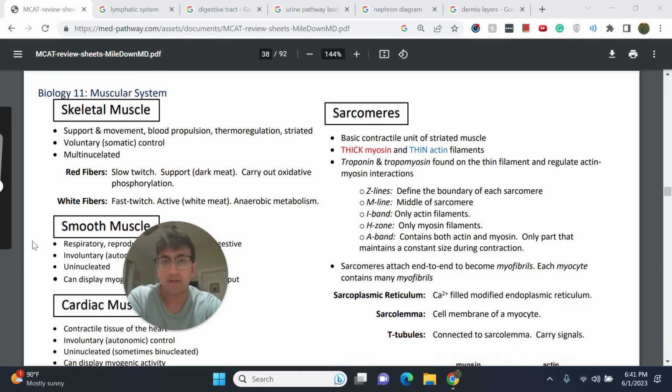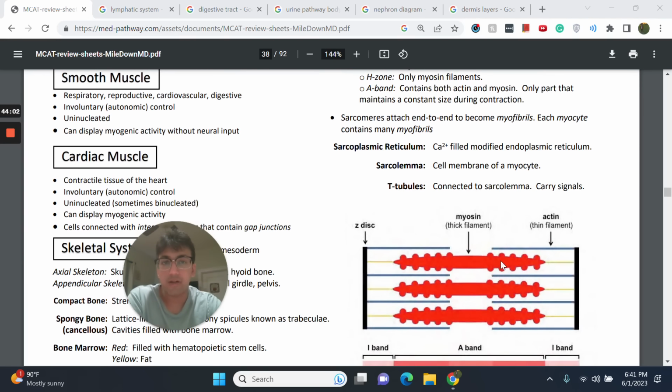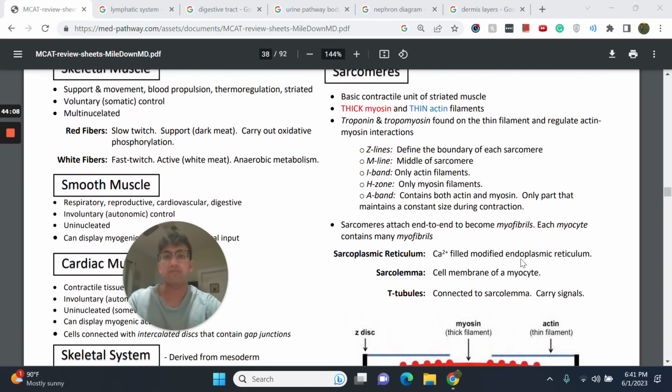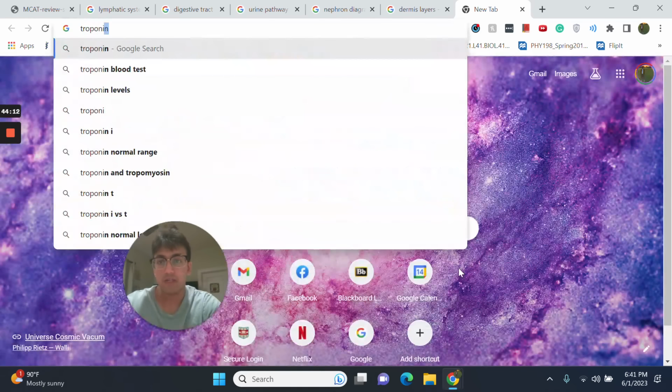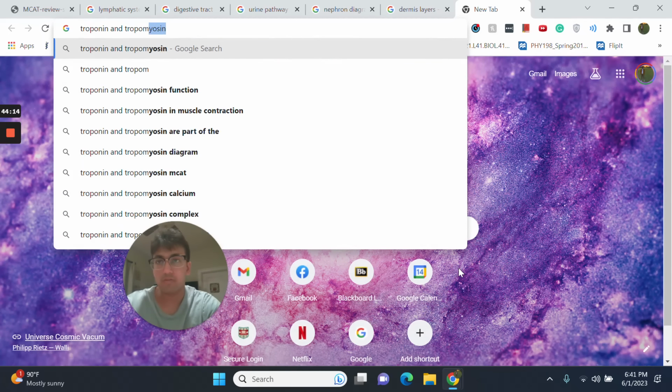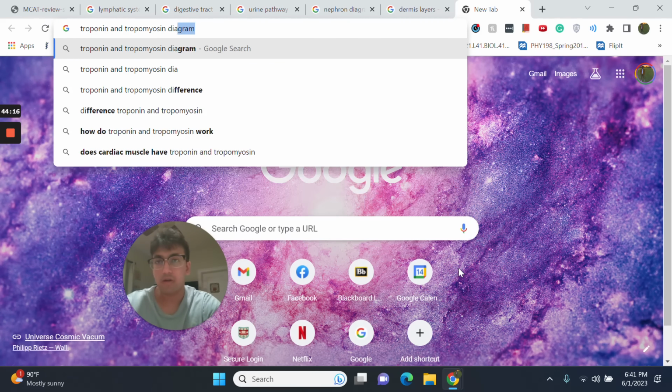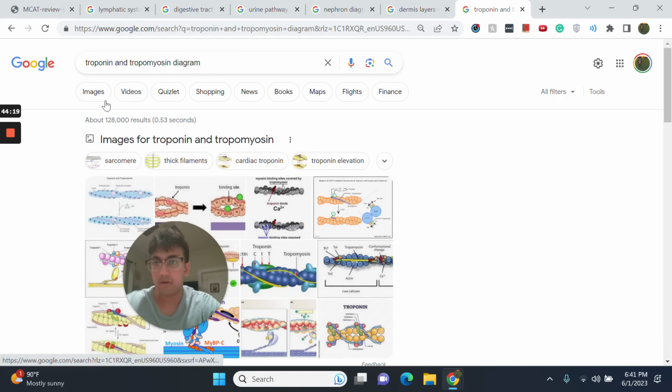So I can show you the diagram here. And so you have the myosin, right? You have the actin filament, which is this blue thing over here. Troponin and tropomyosin diagram. Okay.